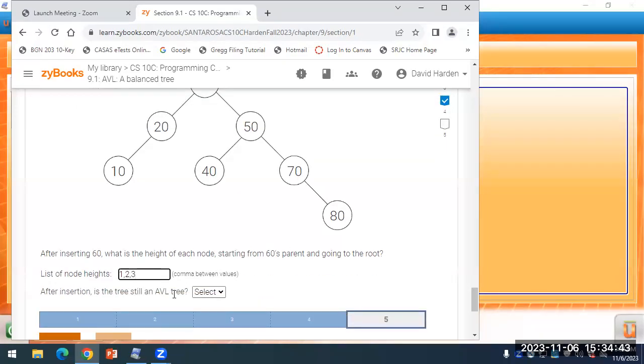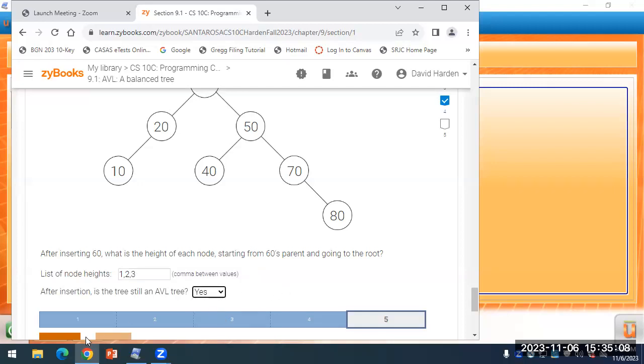After insertion, is the tree still an AVL tree? I don't think so. Is it? Yeah. I think it is. Can anyone find a node that doesn't meet the requirement? I'm gonna go with yes.